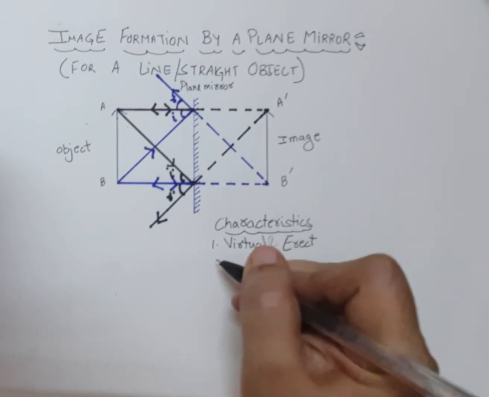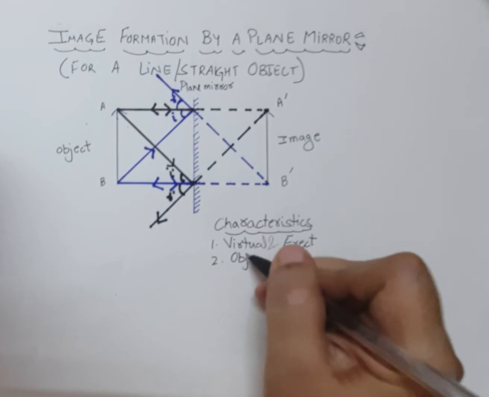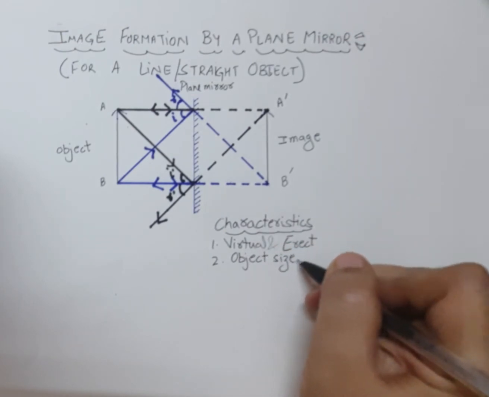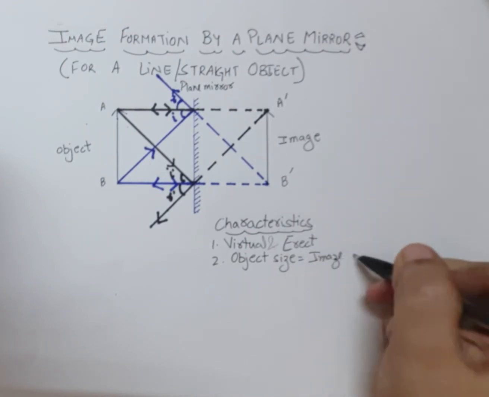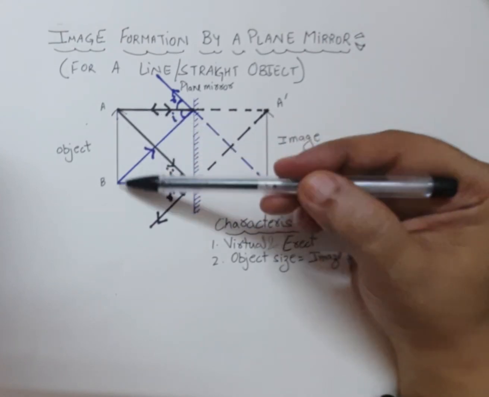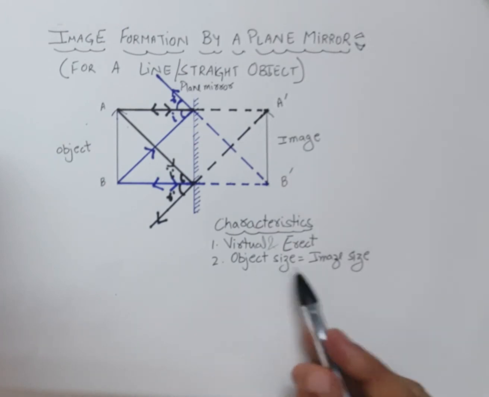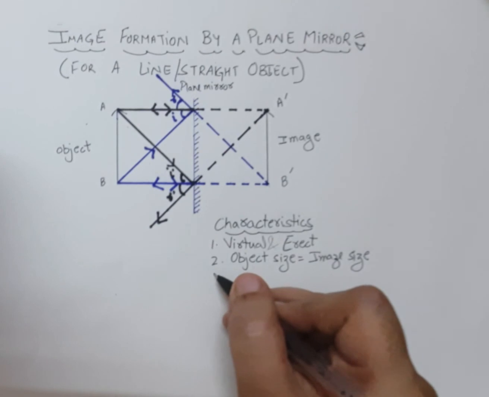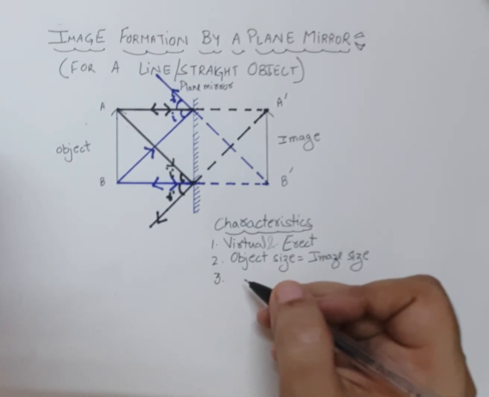The second one, the size of the object is the same as the size of the image. That is why this was 4 centimeter, and this was also drawn 4 centimeter, because the size of the object is equal to the size of the image in case of a plane mirror. Then what is the other characteristic?